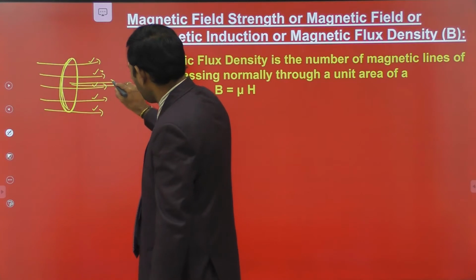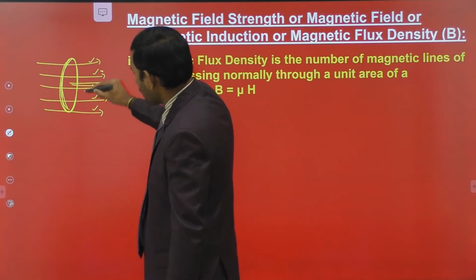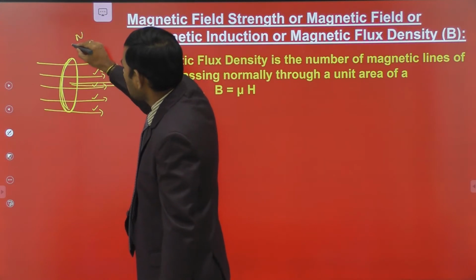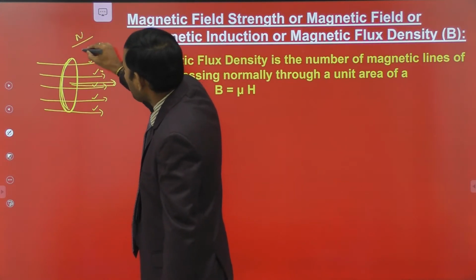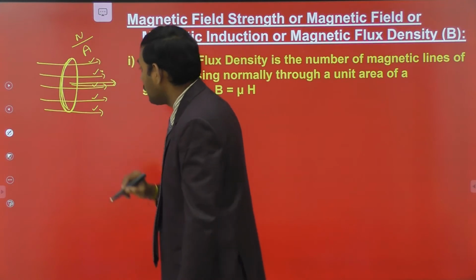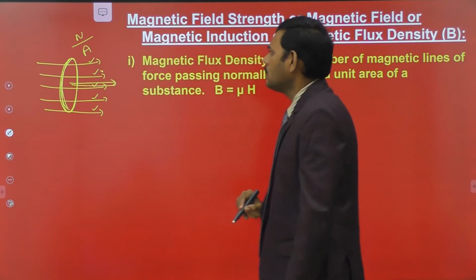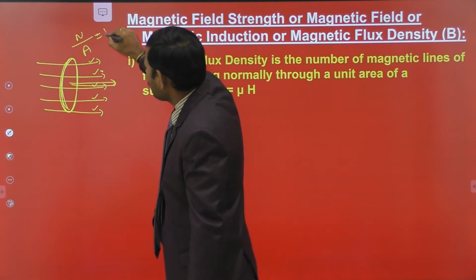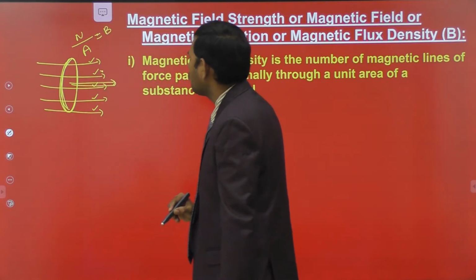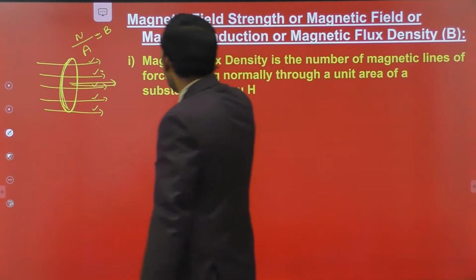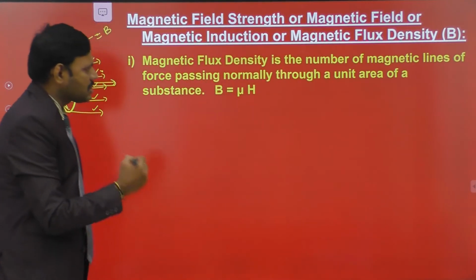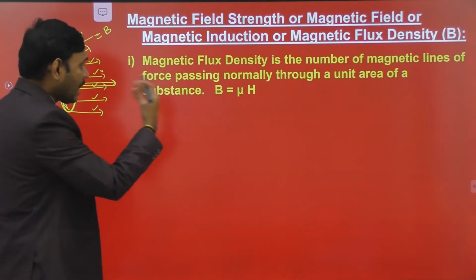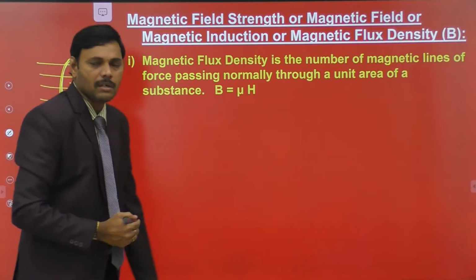This number of magnetic lines of force passing normally through the area is the magnetic flux density, also known as the magnetic field induction. So this is the meaning of the definition: magnetic flux density is the number of magnetic lines of force passing normally through a unit area of cross section.